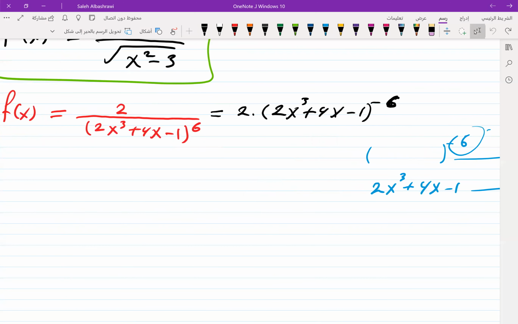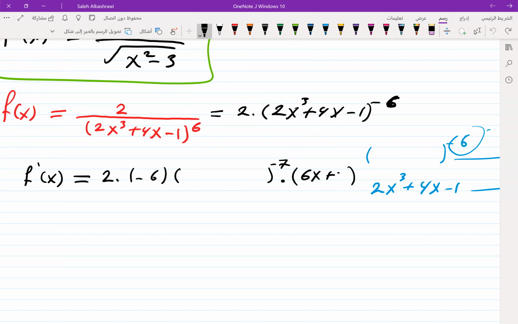So f prime of x is equal to 2, the coefficient we have, multiplied by the first derivative, minus 6 multiplied by bracket to the power minus 7, multiplied by the second derivative, 6x^2 + 4.